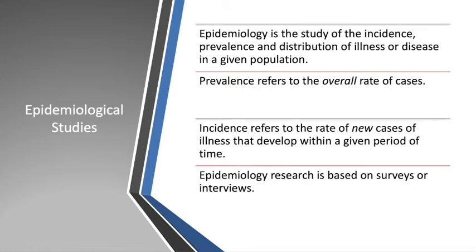Epidemiological studies are interested, for example, in figuring out prevalence, which is the base rate of how often a problem happens in the general population. For example, the prevalence of schizophrenia is 1% in the general population. We call that the prevalence, the overall rate of cases.